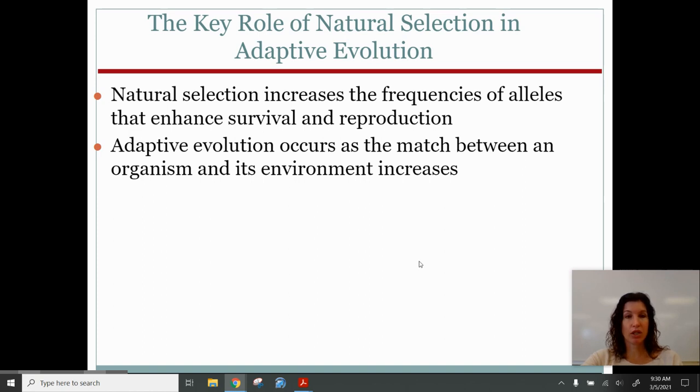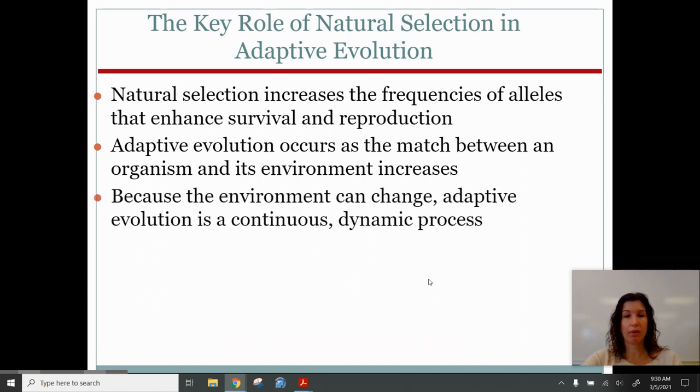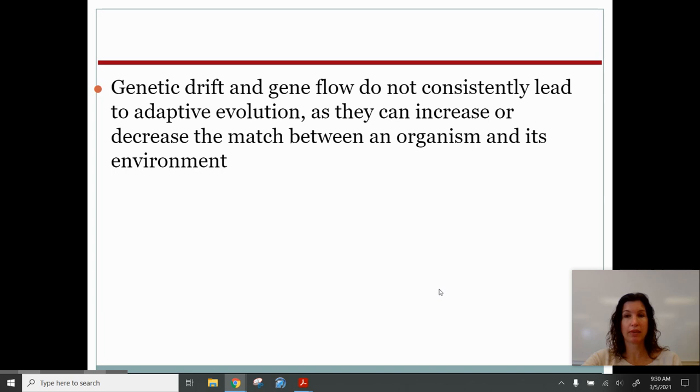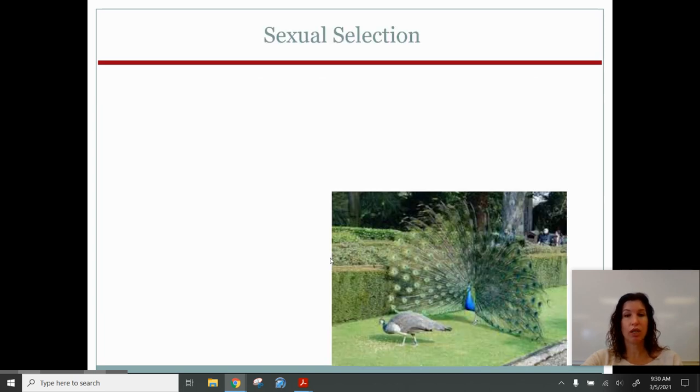It occurs as the match between an organism and its environment increases. And because the environment can change, adaptive evolution is a continuous dynamic process. Again, genetic drift and gene flow don't consistently lead to adaptive evolution. They can increase or decrease the match between an organism and its environment.